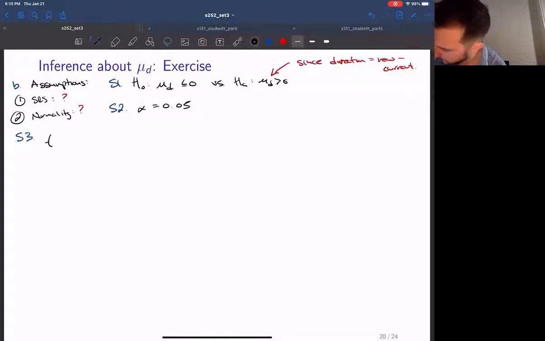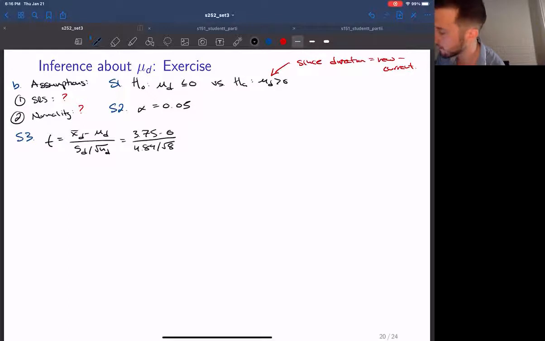So we're gonna have T equals X bar D minus mu D over little sd divided by the square root of nd. So we have 3.75 minus 0 divided by 4.89 over the square root of 8. Okay, and then this is going to give us a test statistic of 2.169.